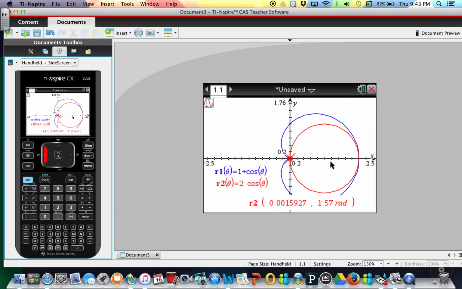So let's see if I'm going to get that reading for my cardioid. So I arrow up or down to get to the blue graph, and lo and behold, as I move on down the road, I'm at the pole when theta is pi radians.